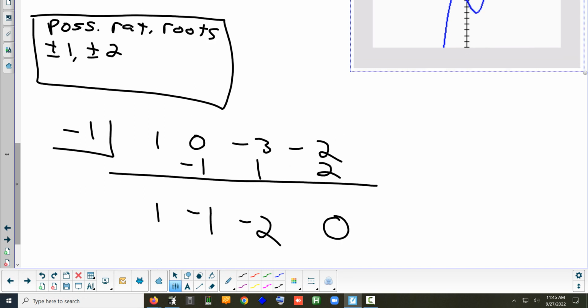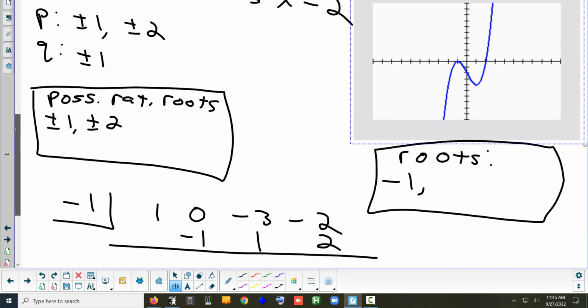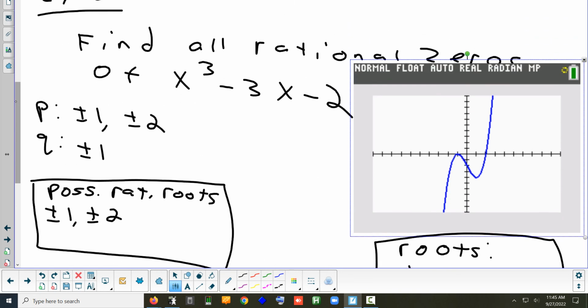So let's start making a list of answers. So the roots in this problem are -1. And now we basically have this. This cubic factors as x plus 1 times something else.